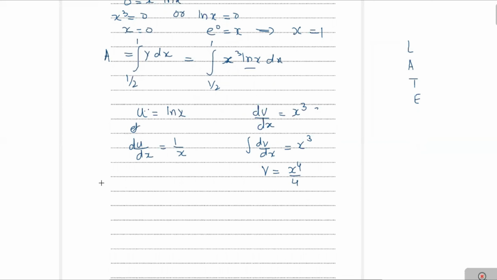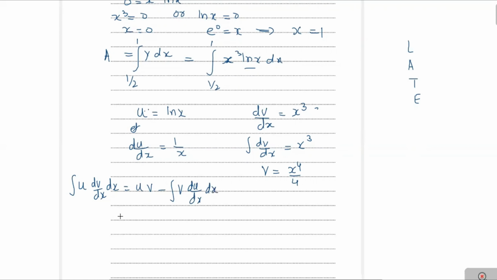Now we put the values in the formula. The formula is, you see here, the integral of u dv over dx dx will be equal to uv minus the integration of v du over dx dx.